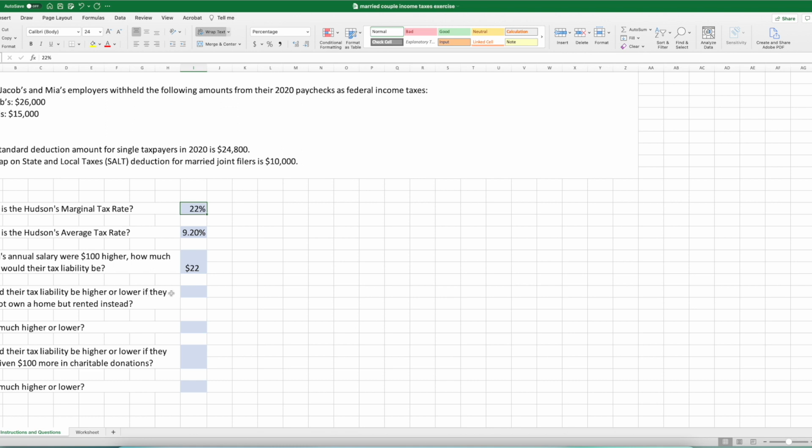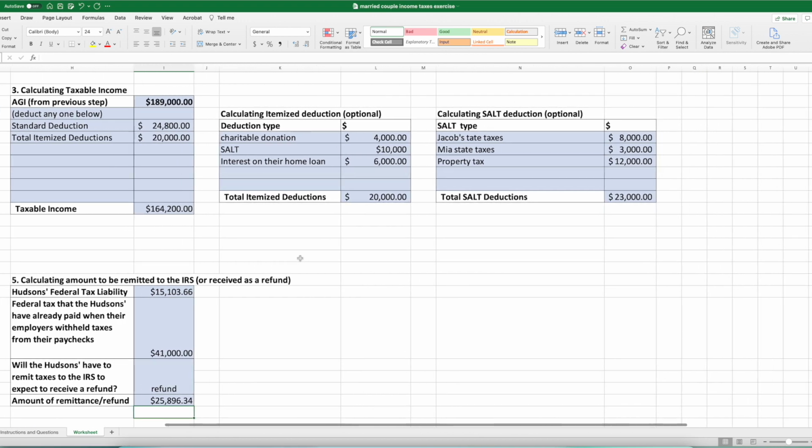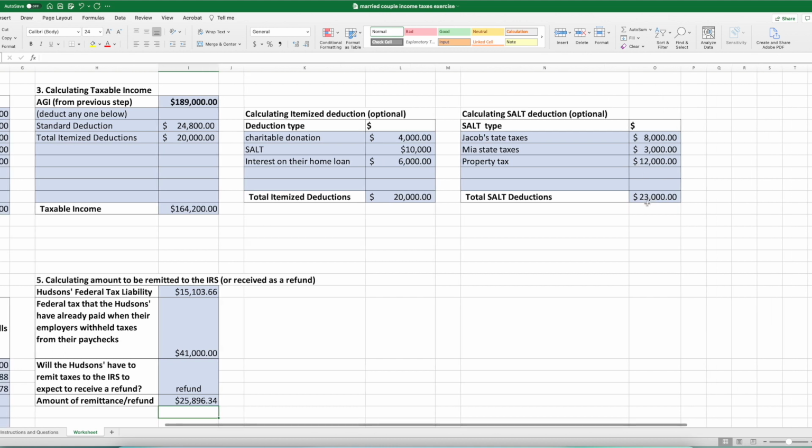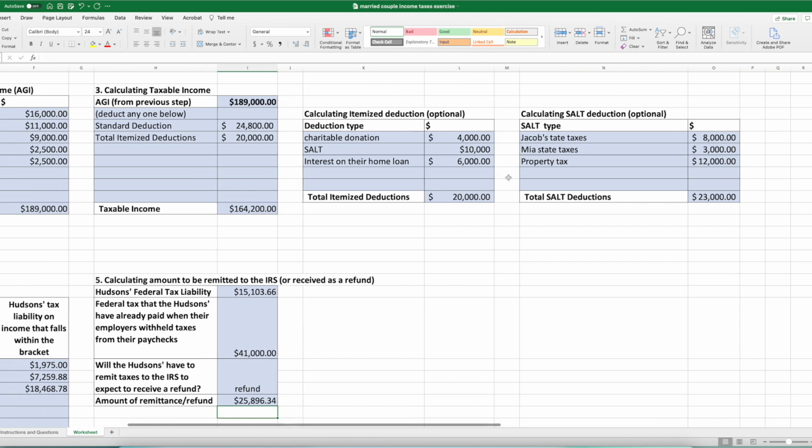Would their tax liability be higher or lower if they did not own a home but rent instead? So how would their taxes change if they didn't own a home? Okay, well, they wouldn't have property taxes. You only pay property tax if you own a property. So their SALT deductions would be lower, but it wouldn't affect any of their calculations because they're not taking itemized deductions anyway.